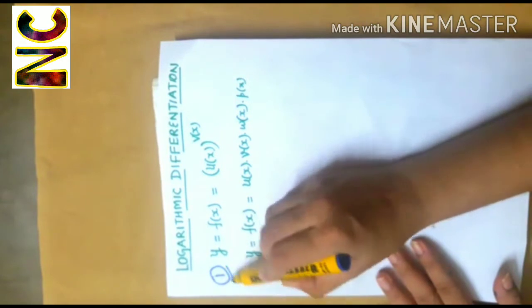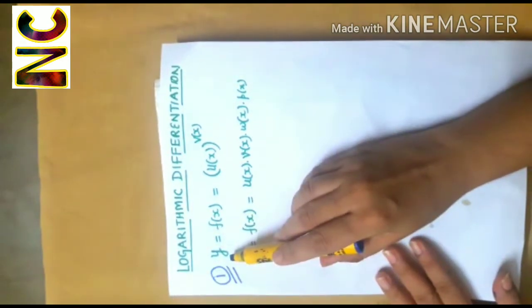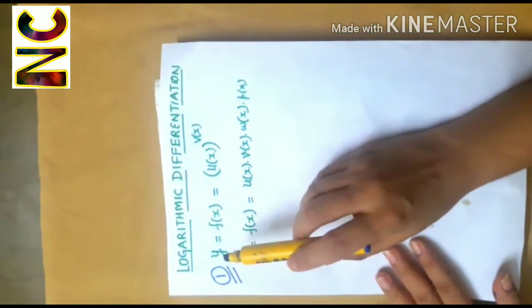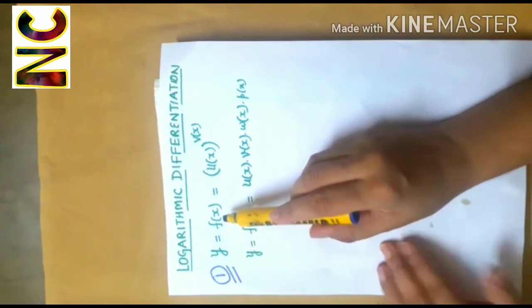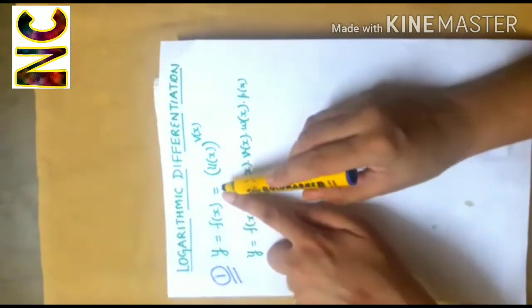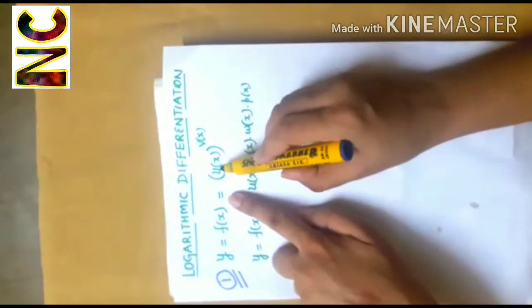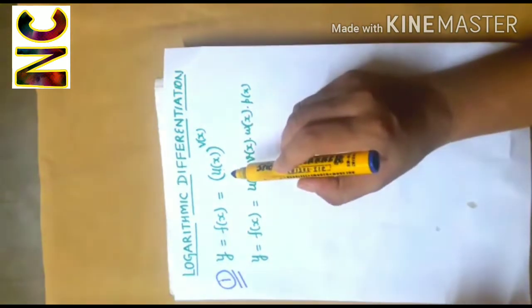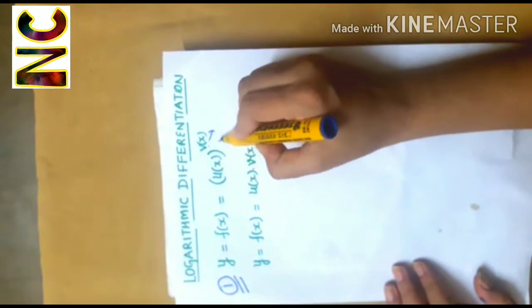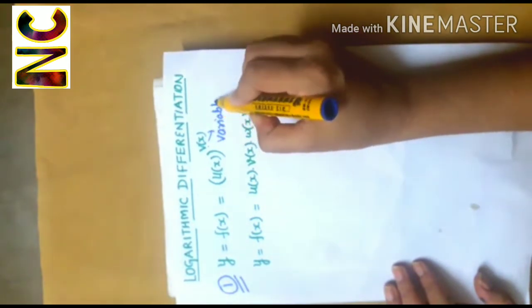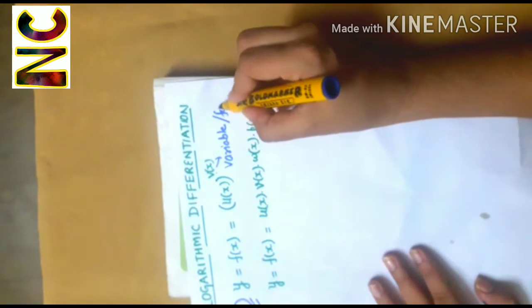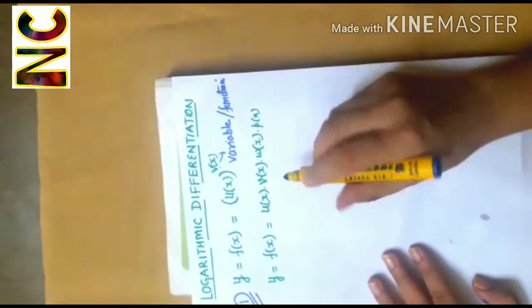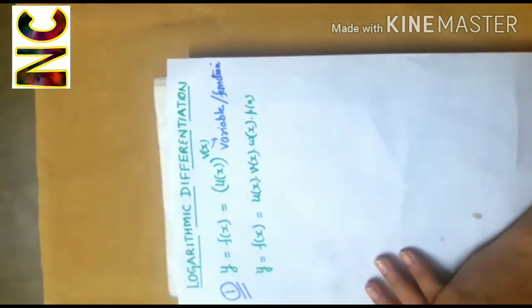The first situation is when the function which you want to differentiate, that is y equal to f(x), is equal to u(x) raised to the power v(x). That means when the exponent is a variable or a function, then we use logarithmic differentiation.